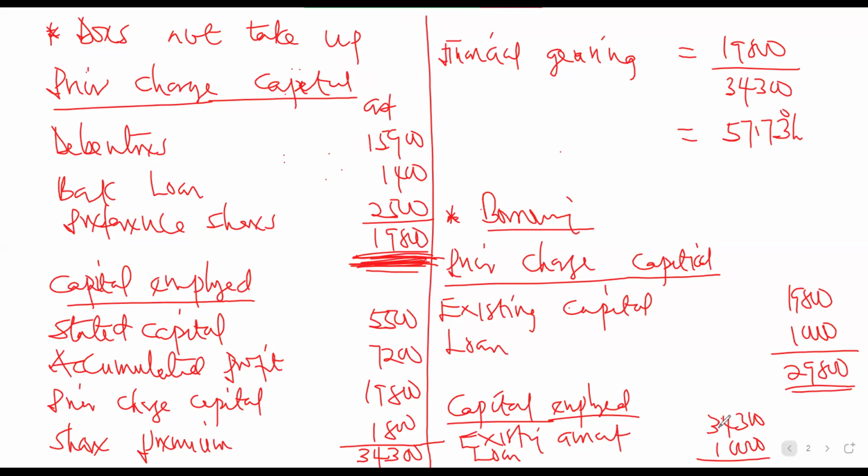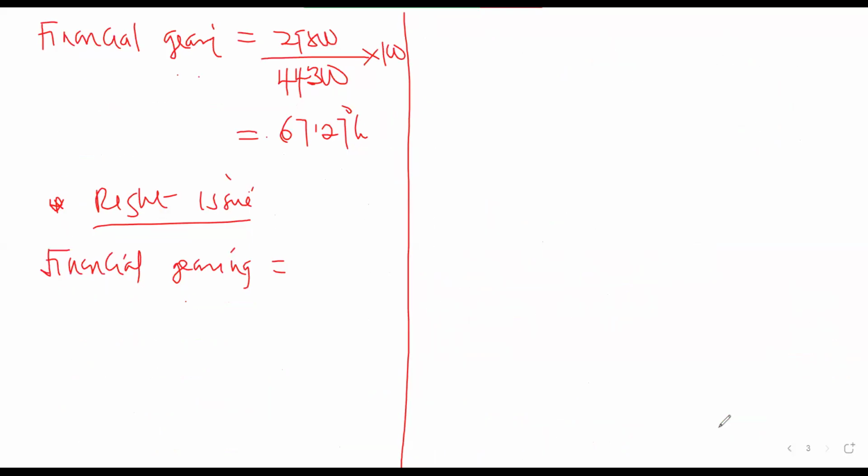But our capital employed, or the equity portion, will increase by the 10 million. So this will now be 19,800 divided by 44,100, multiplied by 100. What are we getting?